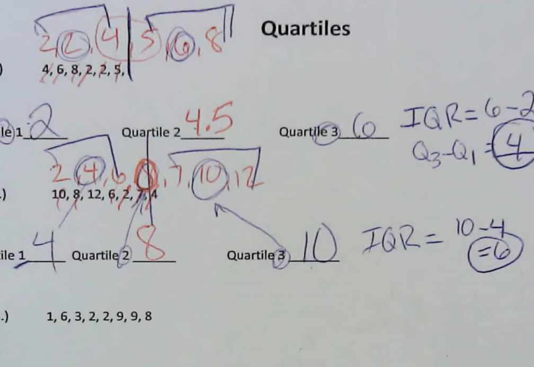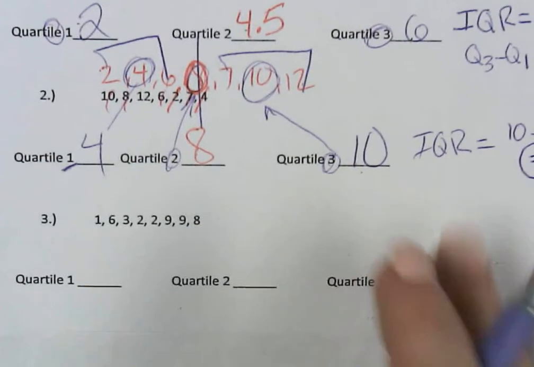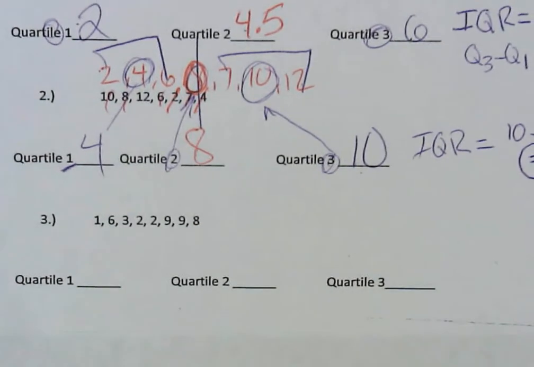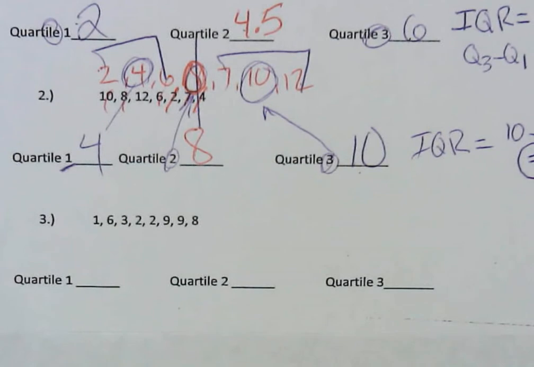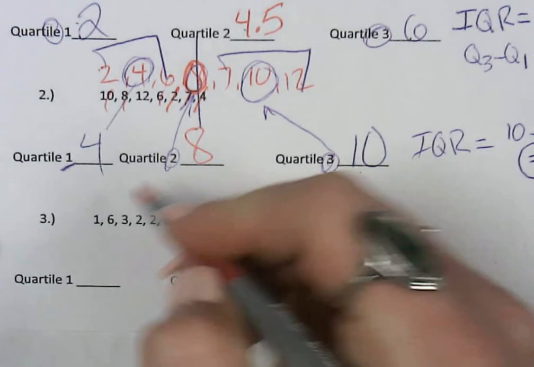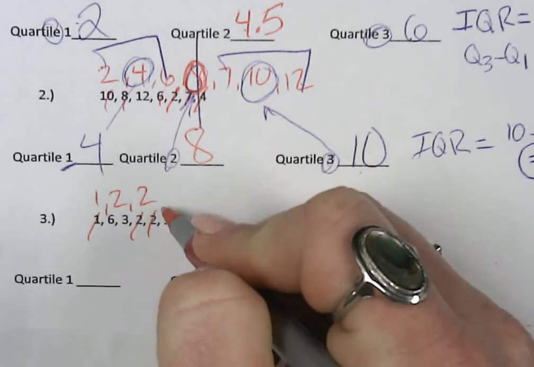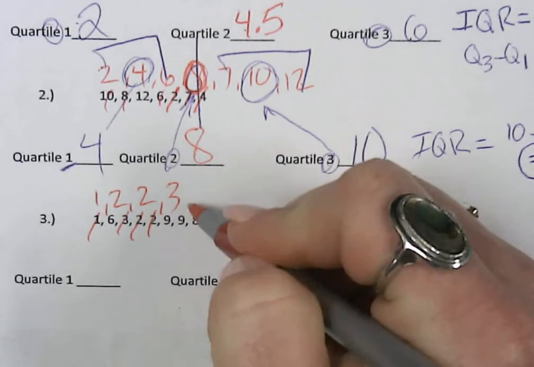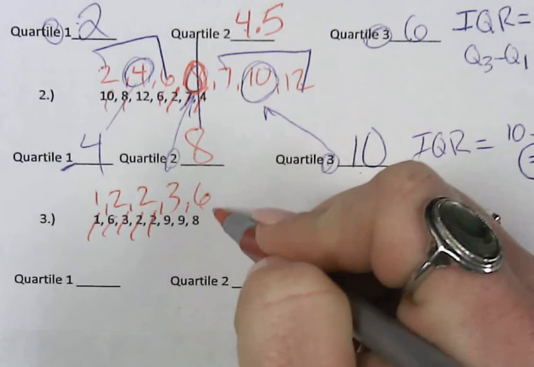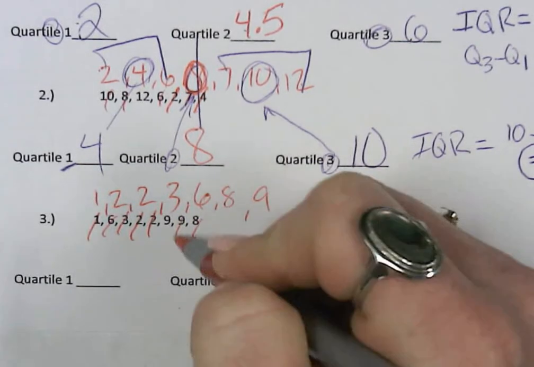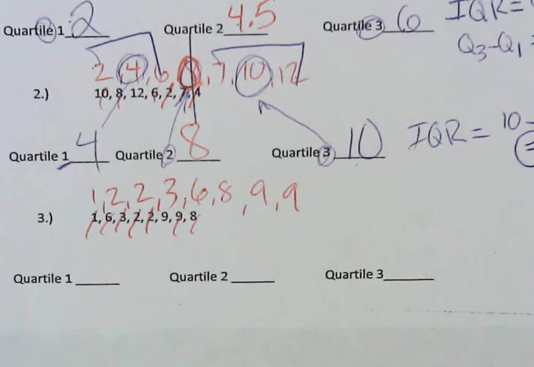All right, let's try one more. First things first, we're always going to put our numbers in order from least to greatest. So we have a 1, 2, 2, 3, 6, 8, 9, and 9. Once they're in order, I can really quick find the middle or the median.